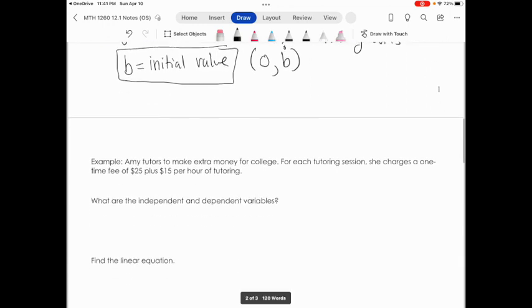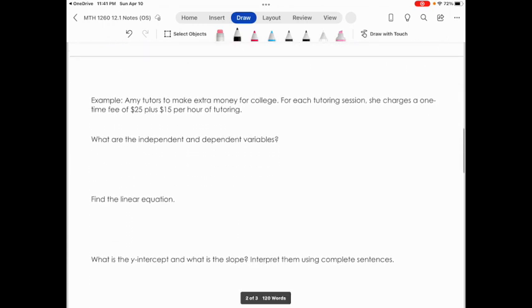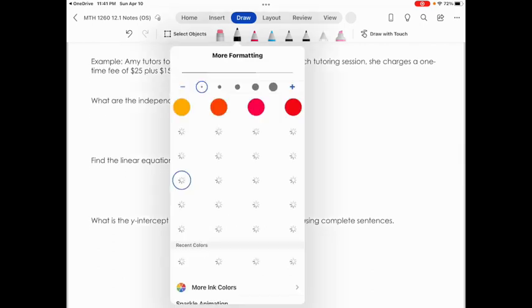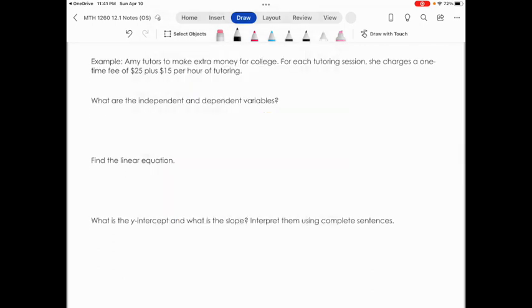So I've got two examples I'm going to walk through with you and review linear equations. In the first example, it says Amy tutors to make extra money for college. For each tutoring session, she charges a one-time fee of $25 plus $15 per hour for tutoring.